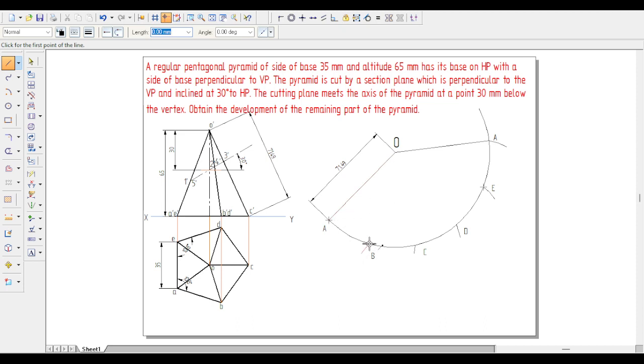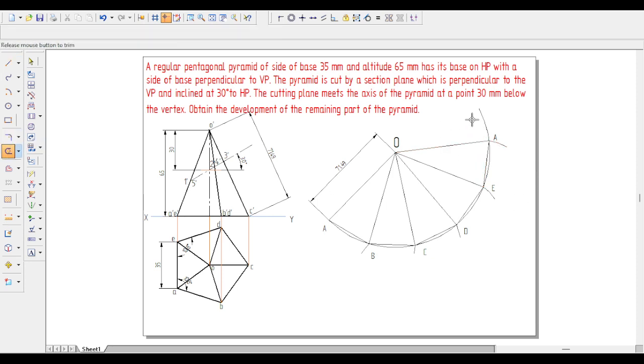Like that, I am connecting all the slant edges. Also, we can see that all the base edges are straight in nature, so you need to draw the straight edges here.